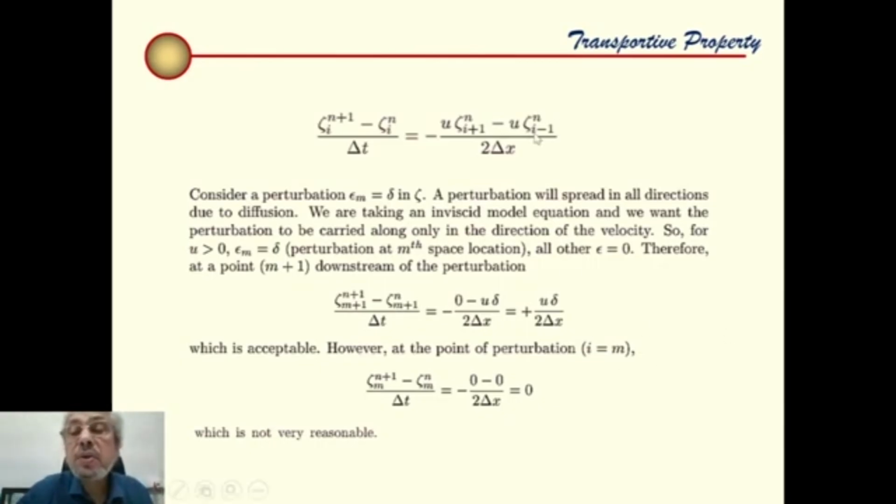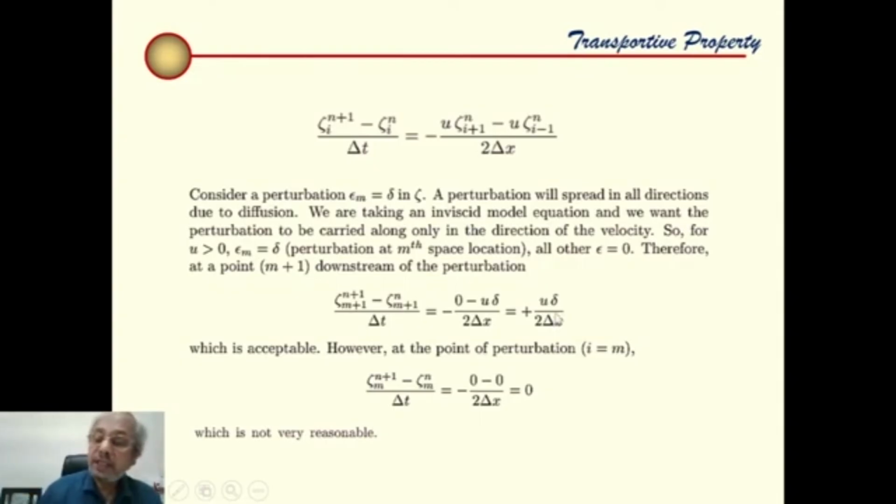and also at I minus 1, that means m minus 1. If we substitute here, that means at the mth point, the mth point we have disturbed, delta is there at the mth point. So this is becoming u delta by twice delta x, which is acceptable, right?